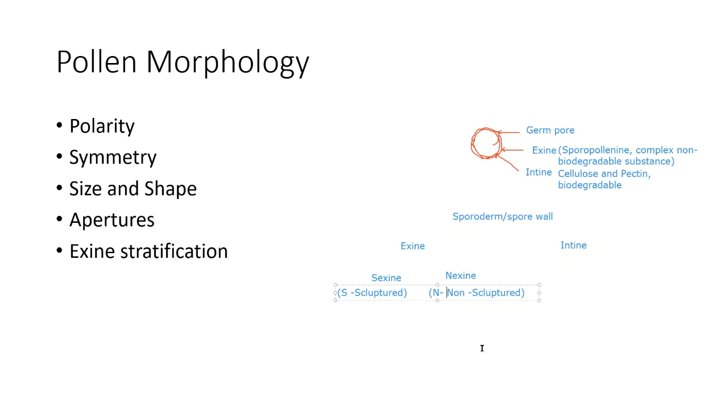The sexine also may have a few layers. What are the few layers? The layers are either ectosexine or endosexine.